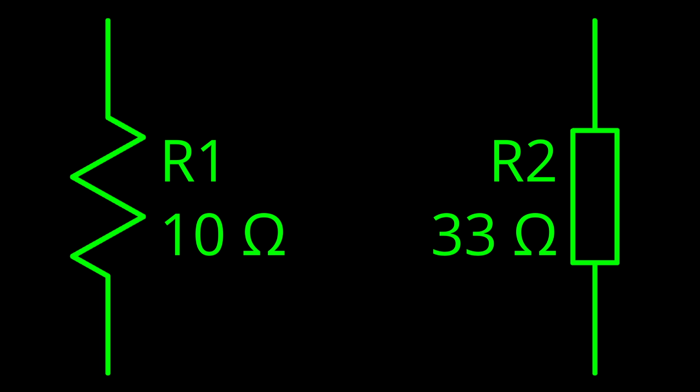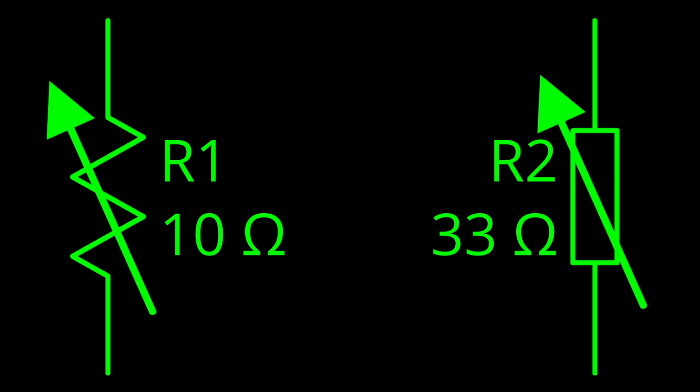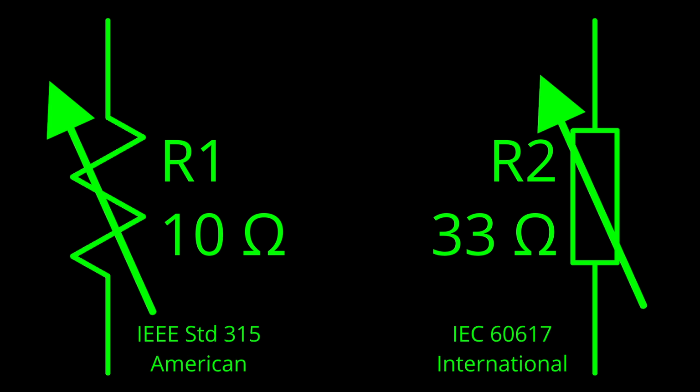If you see an arrow through a resistor in your schematic, it means that it's a variable resistor. There are many other variations, but I'm going to leave it to you to search for those if you're interested in seeing all the different types of resistors that are out there. There's quite a few. You can start by searching for the two standards that I have listed at the bottom of the screen.